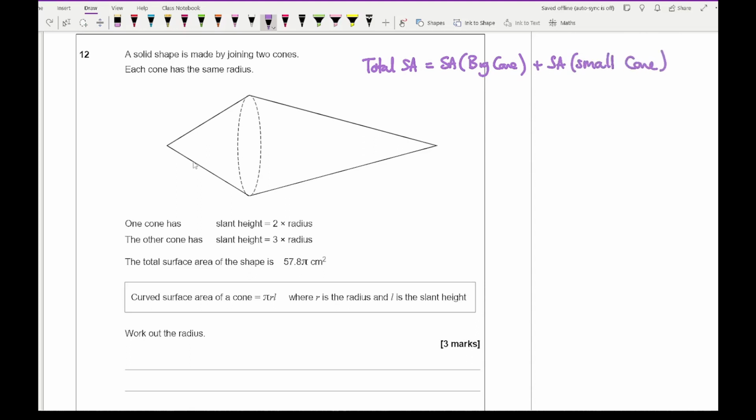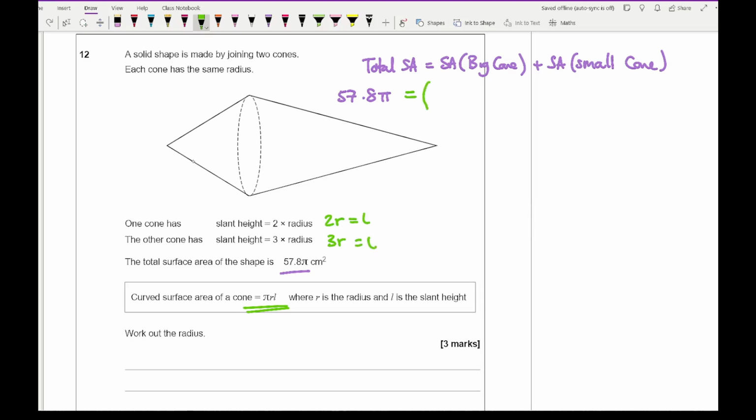Now I know that the total surface area is 57.8 pi, and that's equal to, if I use this formula to work out the area of the cone, the big cone has a slant height of 3r and the small cone has 2r, so that equals L.